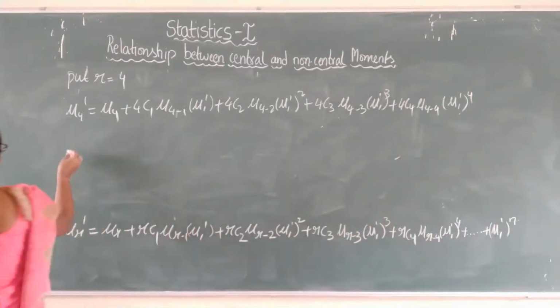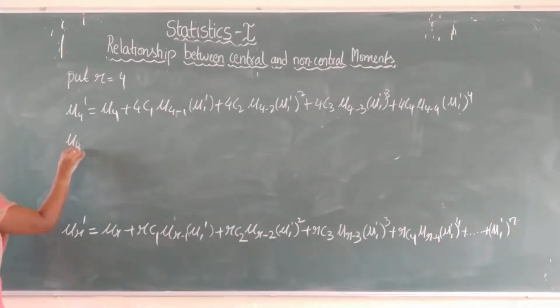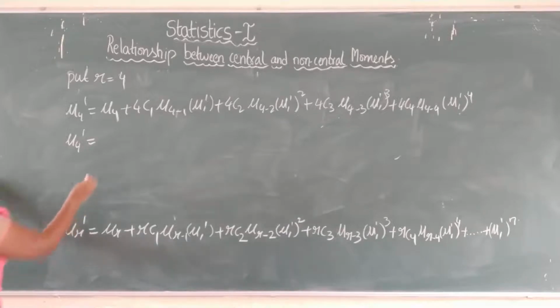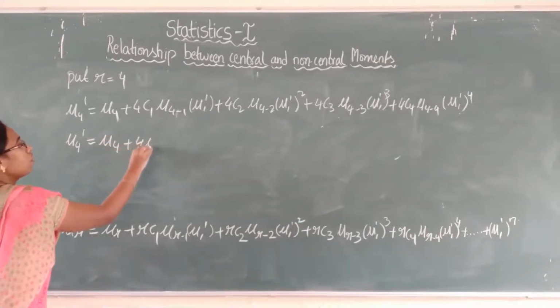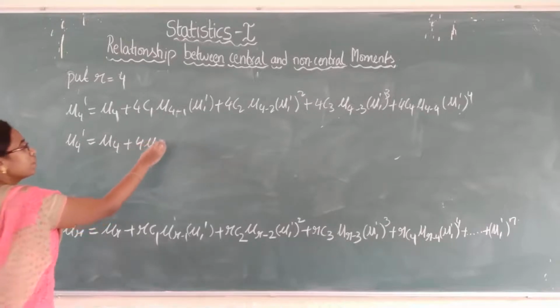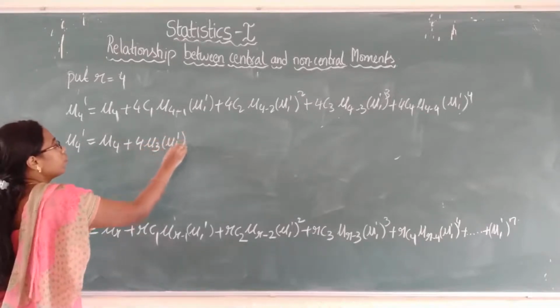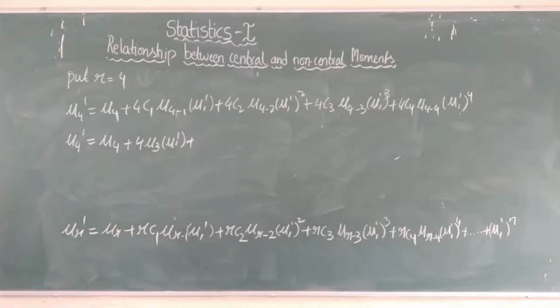Now simplify it. So first mu4, plus 4c1 is 4, mu4 minus 1 is mu3 into mu1 dash, plus 4c2. So find out the 4c2 value.